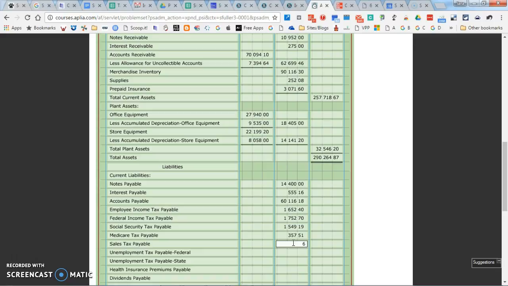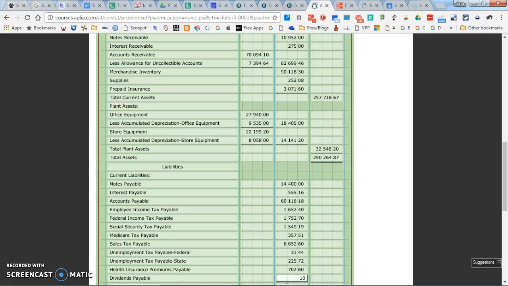Sales tax, $6,652.60. Our federal unemployment tax is $33.44. State is $225.72. Health insurance, $702.60.